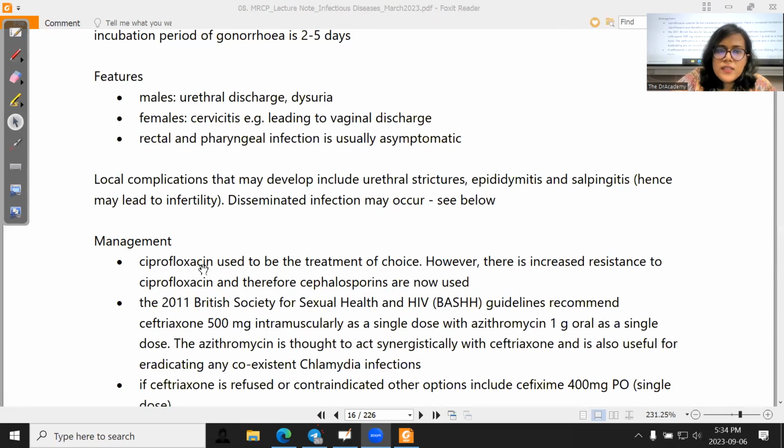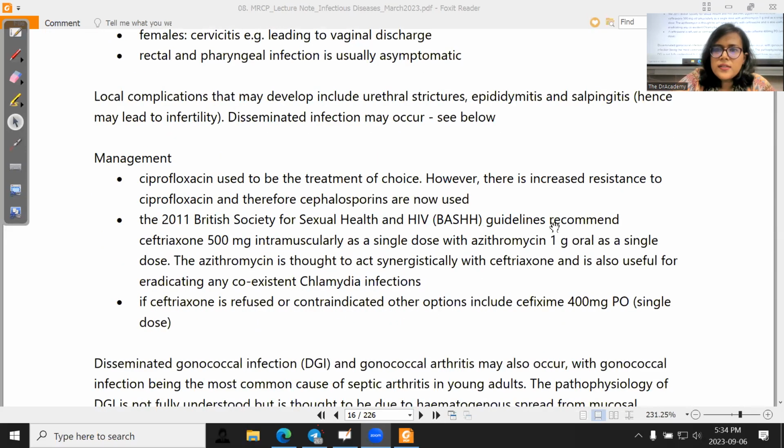Management, no need to remember this, just go through it. Management is ceftriaxone 500 milligram intramuscular as a single dose with azithromycin 1 gram oral as a single dose, because azithromycin is given for coverage of chlamydia as well.